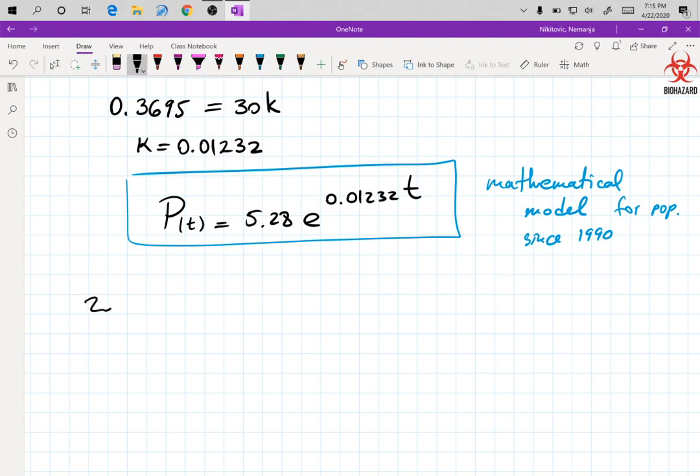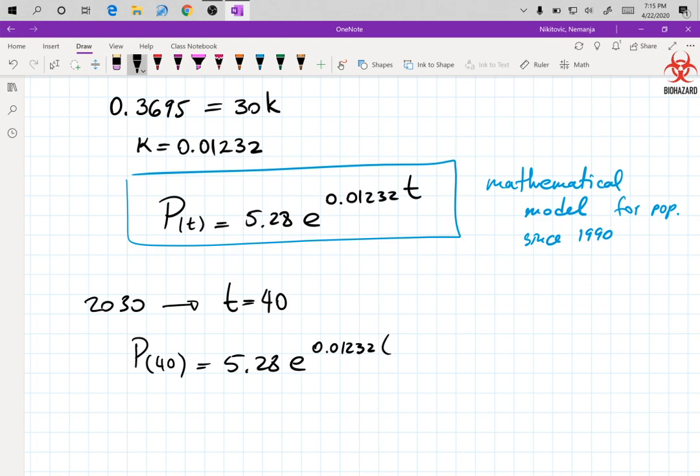So 2030 is t equals 40. So we need to calculate P of 40. You just plug it in. So 5.28 e to the 0.01232 times 40. You punch this into the calculator in one shot.